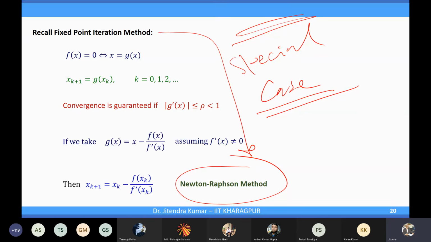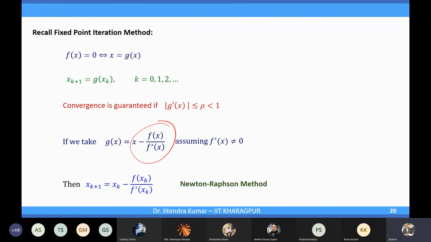It is another fixed point iteration method where g(x) has this special form x minus f(x) over f prime(x). Whatever problem f(x) is given, you can immediately set up your g(x), and then you have this fixed point iteration method, which is called the Newton-Raphson method. They were developed differently, but finally you see that these are actually the same.